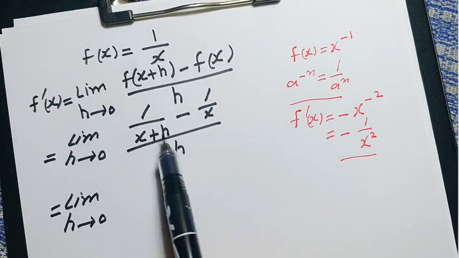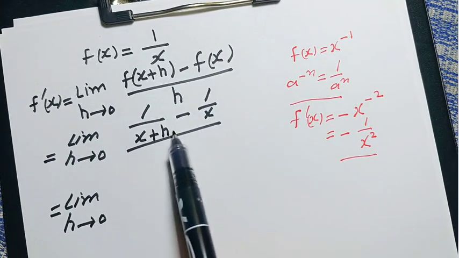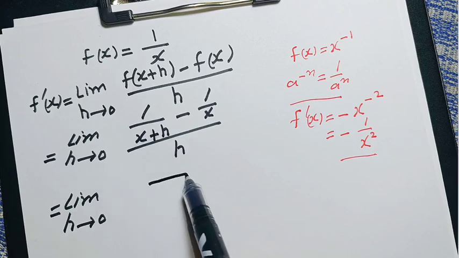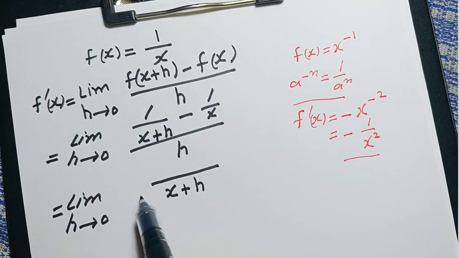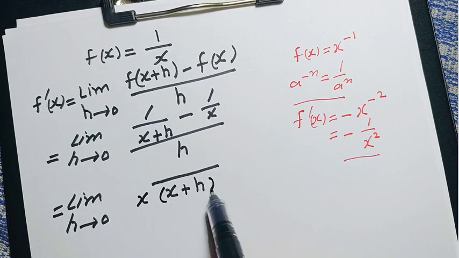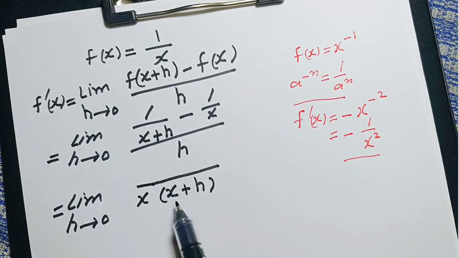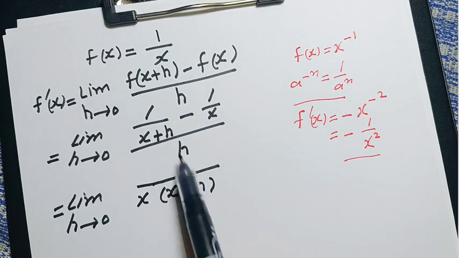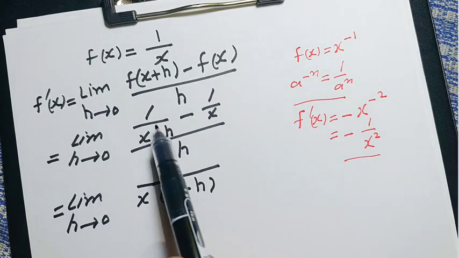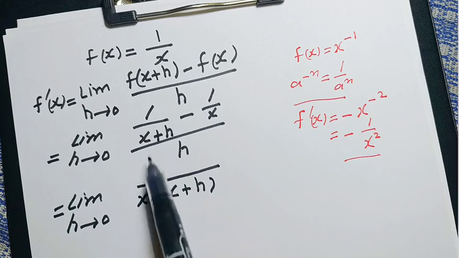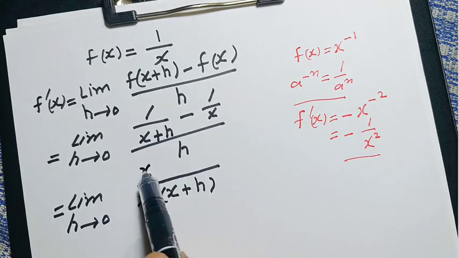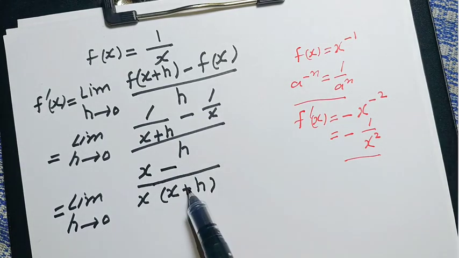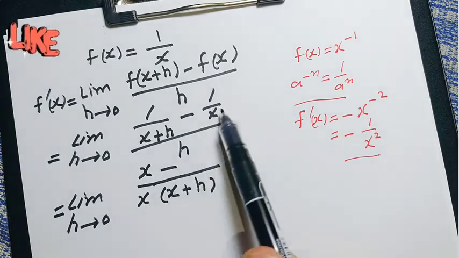Now we need to solve here. You can see we can take the LCD, the lowest common denominator, on top, so x plus h times x is my LCD. Now x plus h divided by x plus h cancels out, only x times 1 is left, which is x. Now negative, x plus h: x and x cancel.